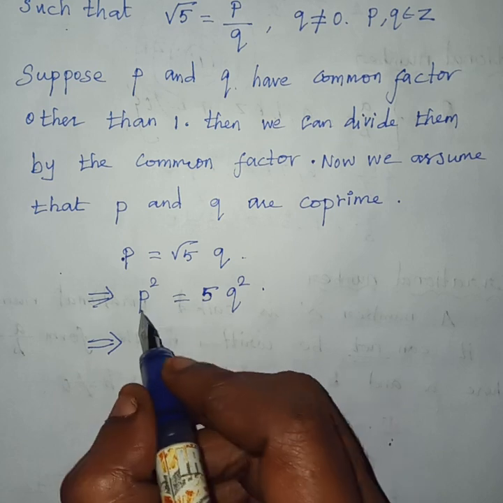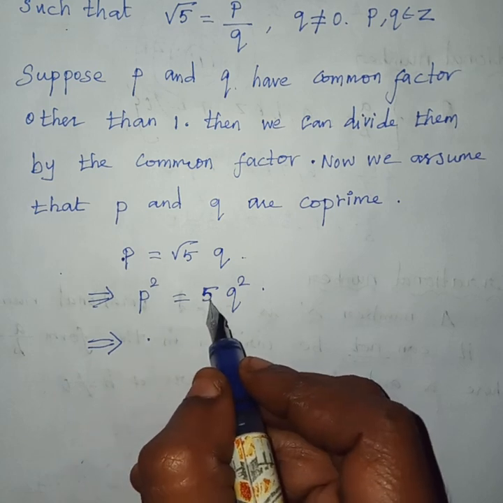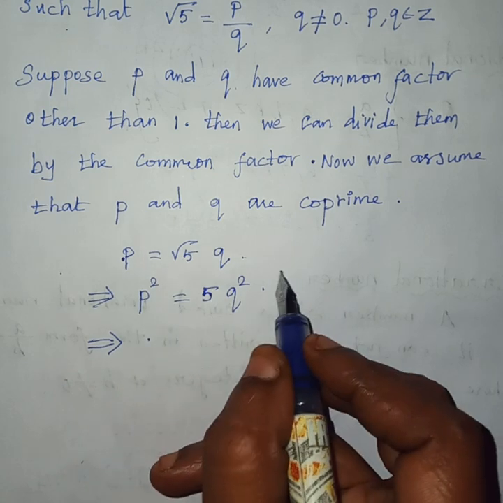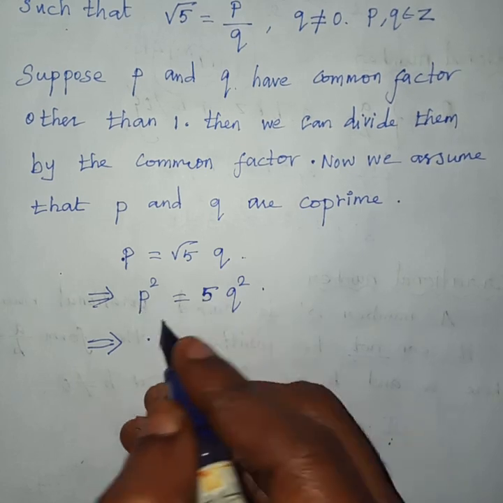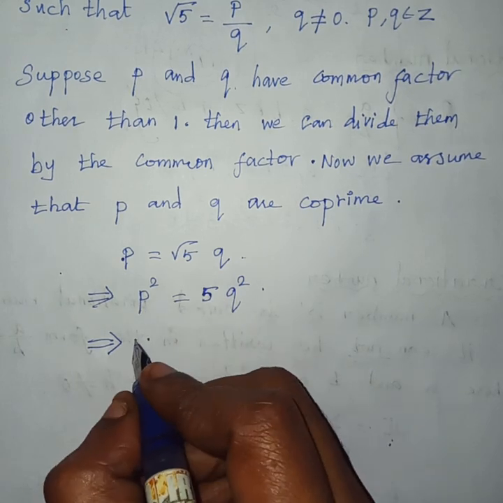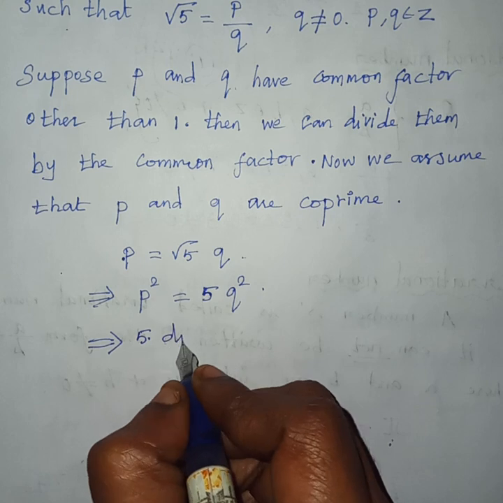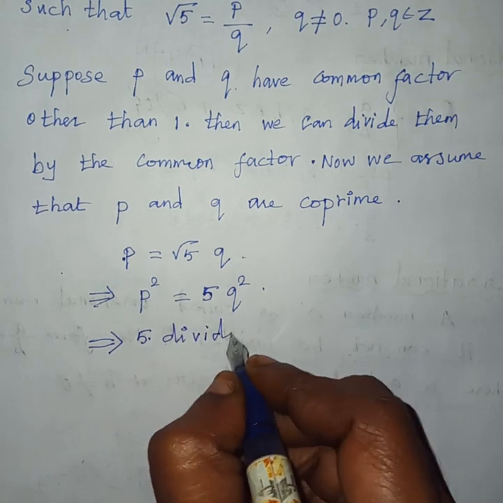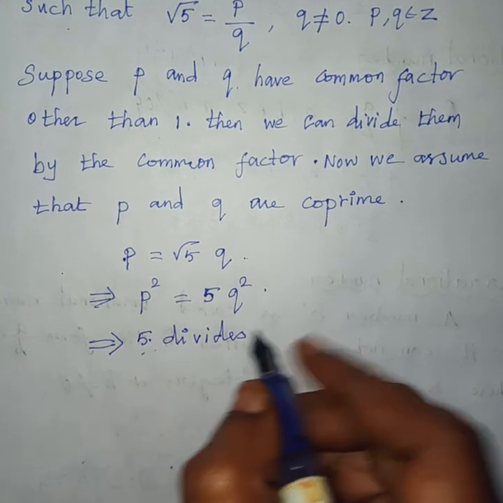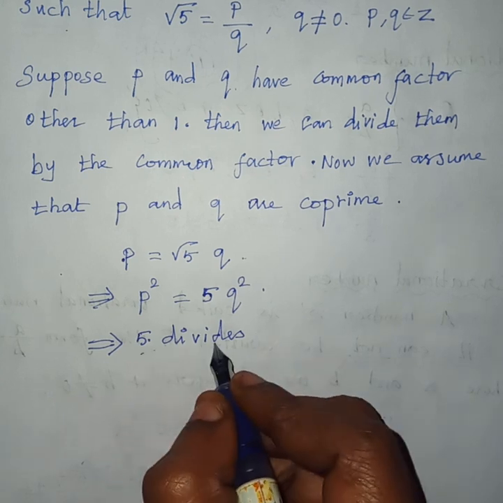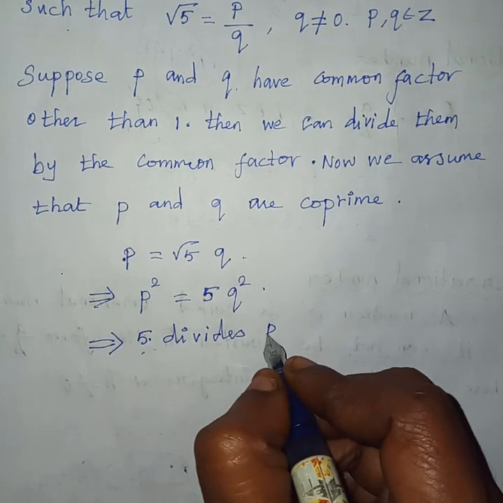You can write either p squared is divisible by 5, or 5 divides p squared. Now I am going to write 5 divides p squared, because in the theorem we have the term divides only.